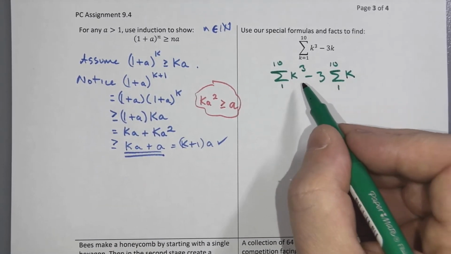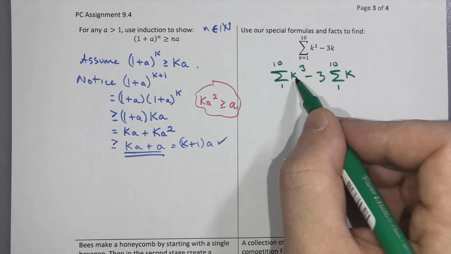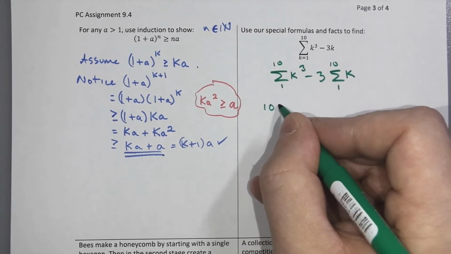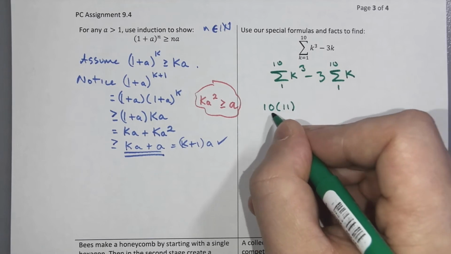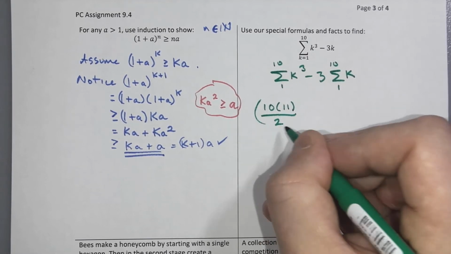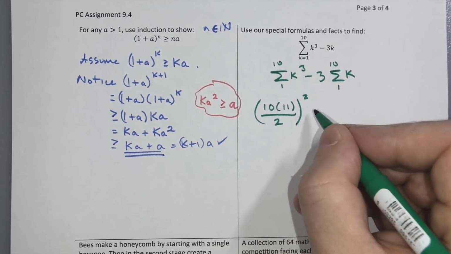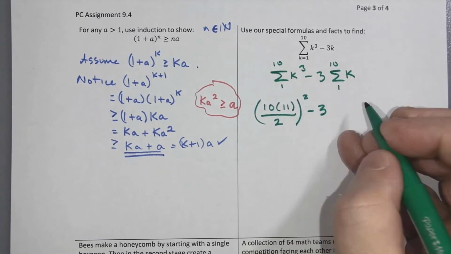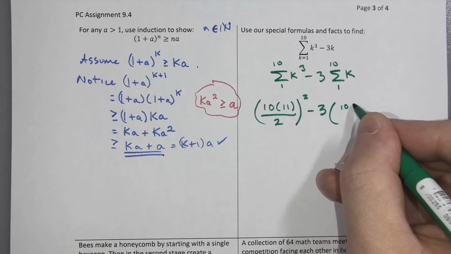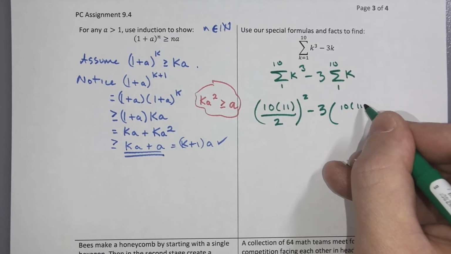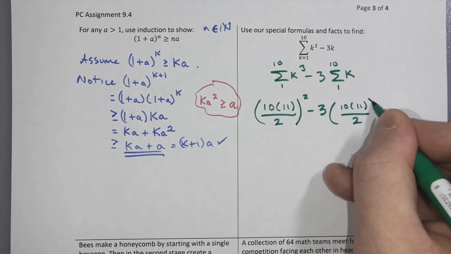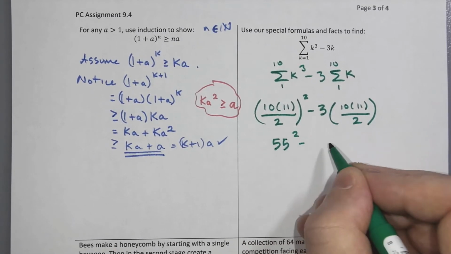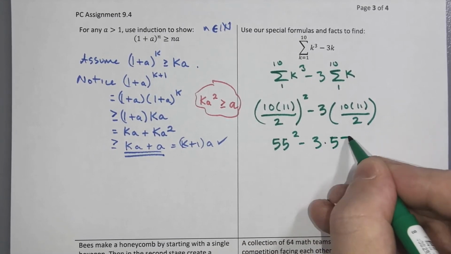By our formulas and facts, the sum of the k cubes up to 10 would be 10 times 10 plus 1, which is 11, over 2 quantity squared, minus 3 times the sum from 1 to 10 of k, which is n times n plus 1 over 2, so 10 times 11 over 2. And so here we're getting 55 squared minus 3 times 55.